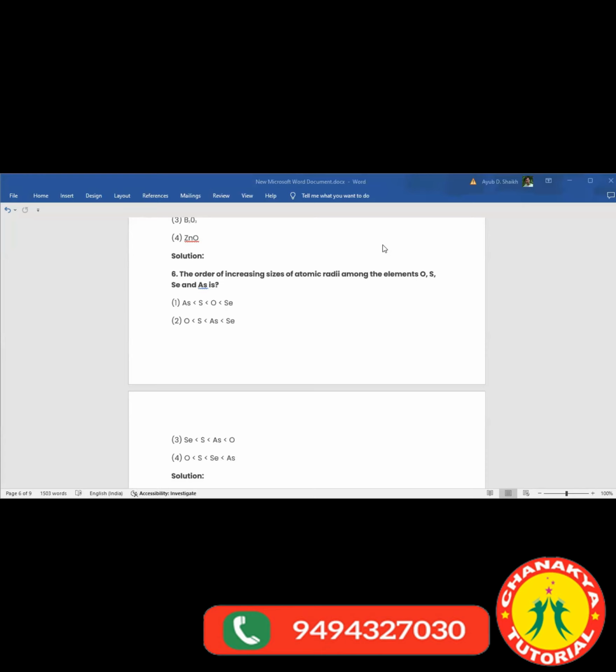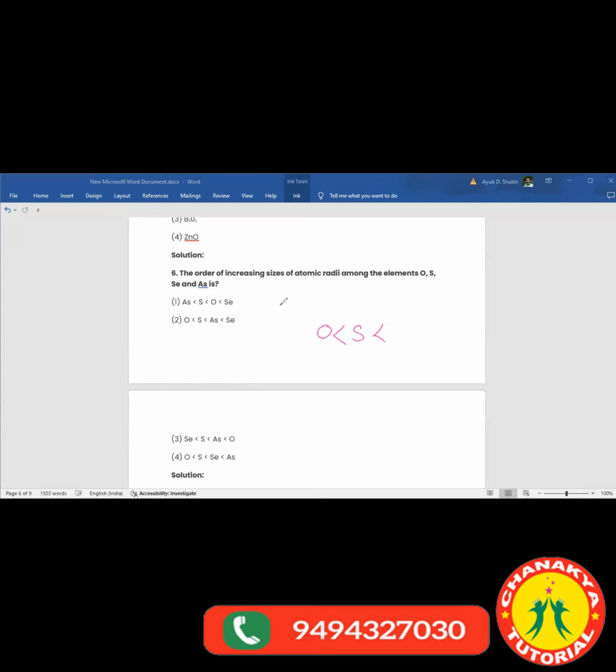Sulfur is 16. And then selenium and arsenic's atomic number you should be aware of, then only you are able to do that. What is it? Check it once. Atomic number for selenium and arsenic. First one would be oxygen, which has less atomic radii as compared to sulfur.